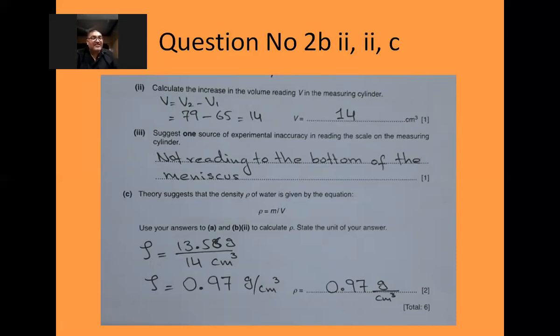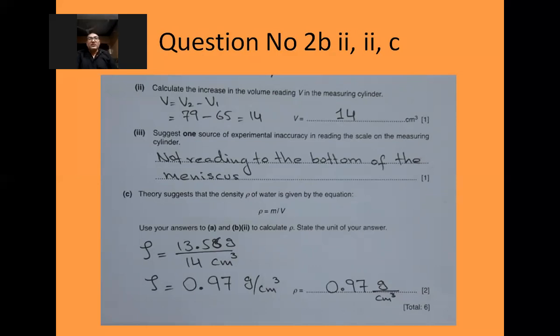The mass of the test tube is 13.56 gram. If you round it off to three significant figures, it will be 13.6 gram, and you divide it by the volume, 14 centimeter cube, you get 0.97 grams per centimeter cube.